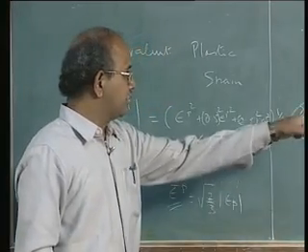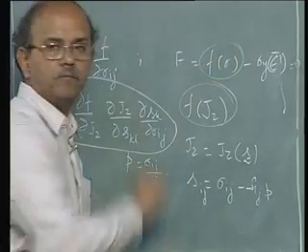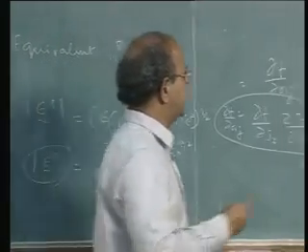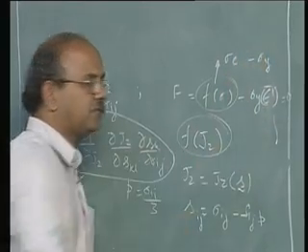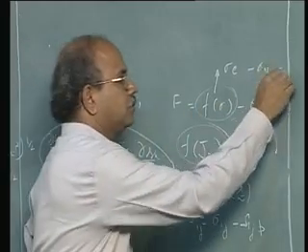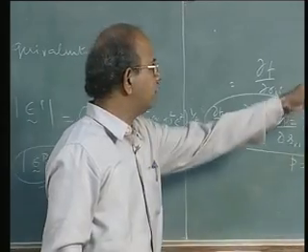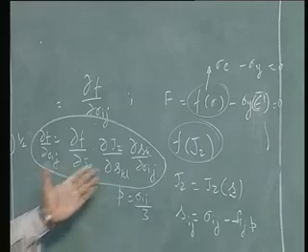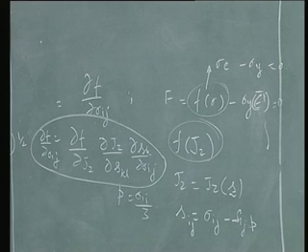So, my first job is to express this f sigma in terms of f J2. Remember that Mises criteria can be written in this case as sigma e minus sigma y is equal to 0. Very nicely we wrote that, sigma e minus sigma y is equal to 0. So, first thing is that I have to replace sigma e by J2. Of course, I can write it in terms of sigma e also, it is easier to work out the relationship.